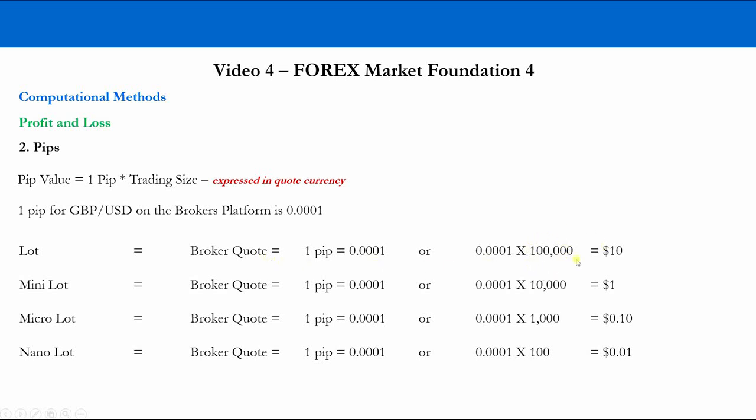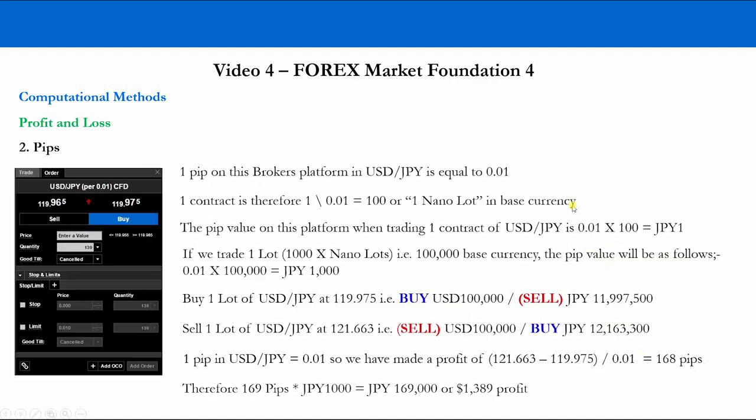So here, 1 lot is 100,000, a mini lot is 10,000, micro and nano, and you get your pip values expressed in quote currency here. So you can apply that table across all trading platforms. Now let's have a look at another example.